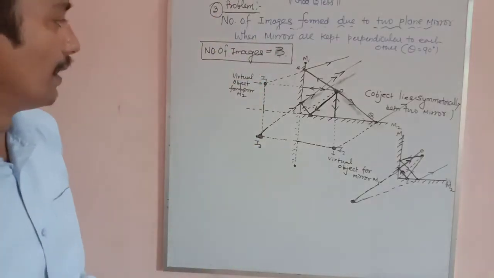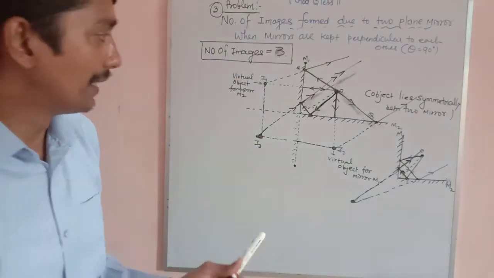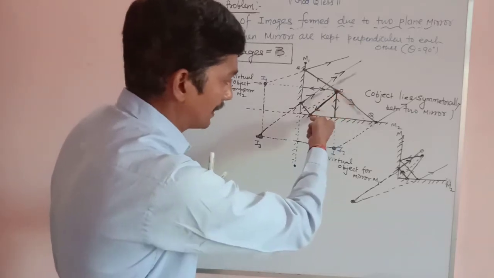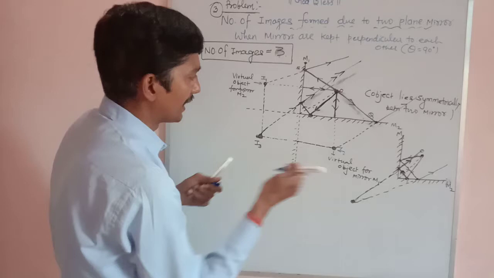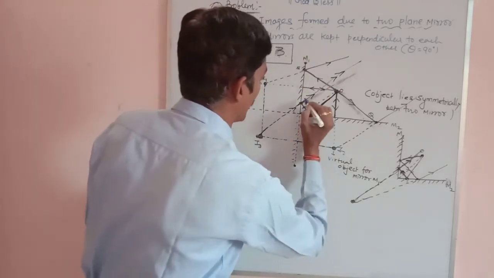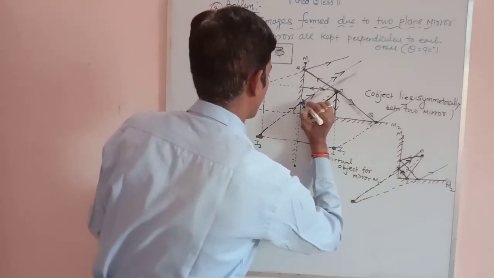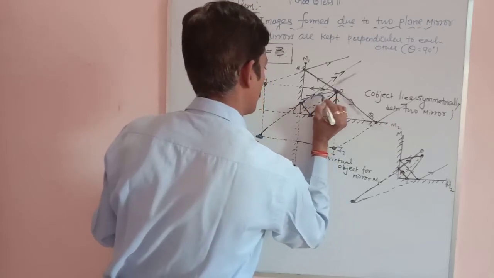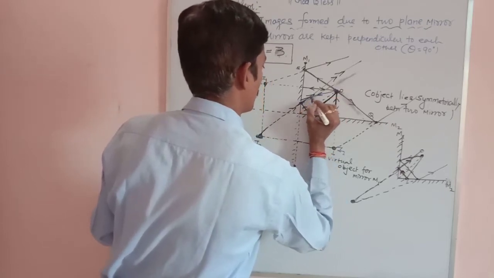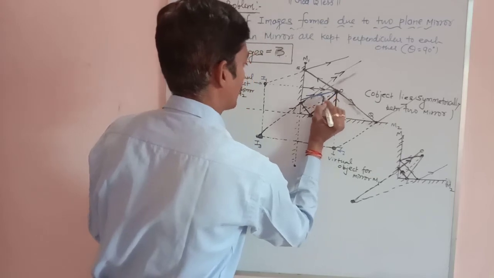Now another. Which mirror did I make the incident on earlier? At mirror M2 I have incident. Now let another ray incident at M1 like this. Please try to understand.